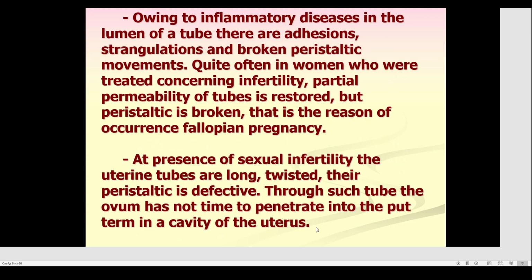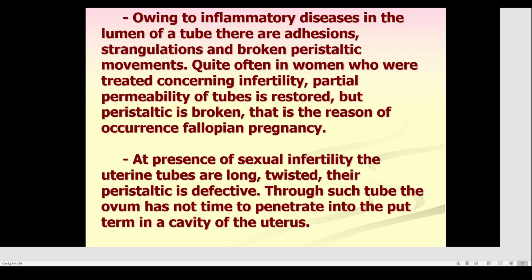Owing to inflammatory diseases, in the lumen of a tube there are adhesions, strangulations, and broken peristaltic movements. Quite often in women who were treated for infertility, partial permeability of tubes is restored, but peristalsis is broken.